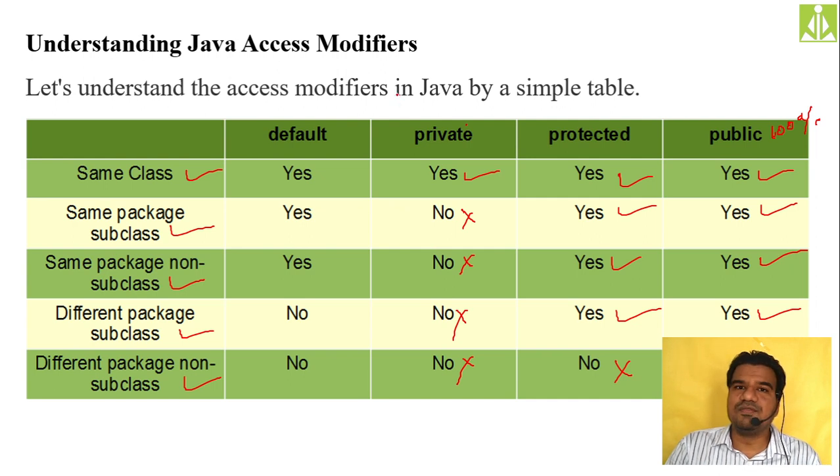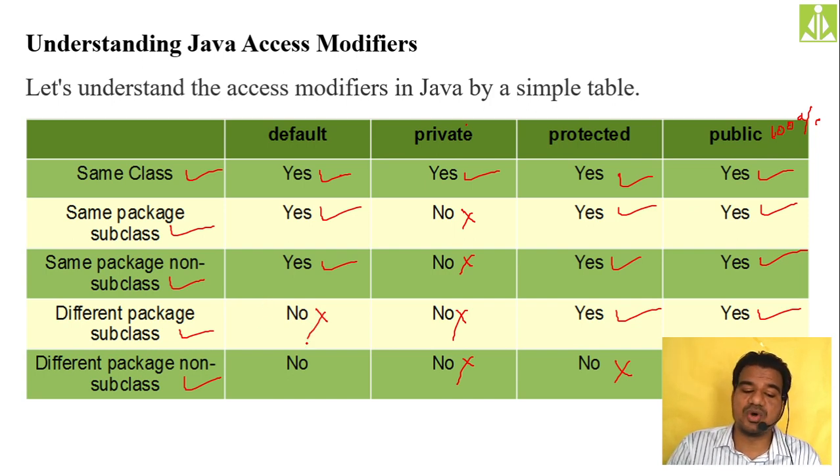Then default is a special type of access specifier. It indicates same class, within the class, we can access, same package subclasses we can access, same package non-subclasses we can access. But if you are going to a different package, the access is restricted.